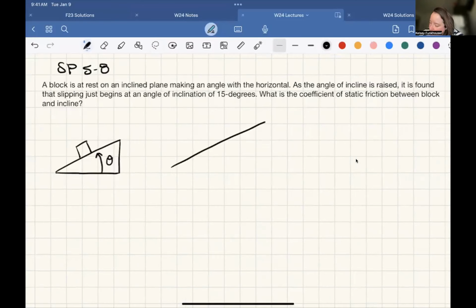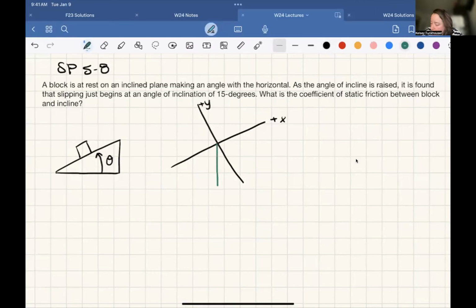So again, just like last lecture, we're tilting our axes. This is positive X, this is positive Y. You are welcome to label this axis as positive X. I like to keep them constantly the same, but if you'd rather not deal with extra negative signs, you are welcome to do that.